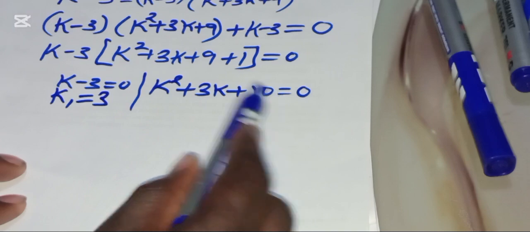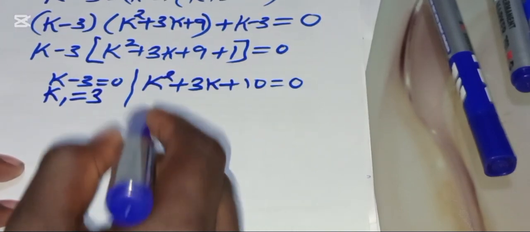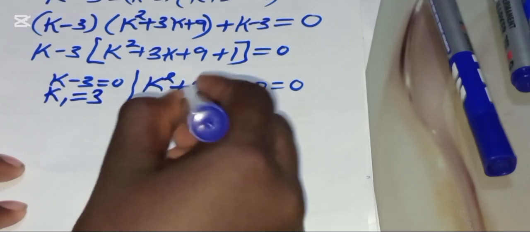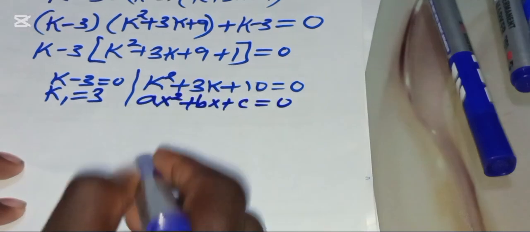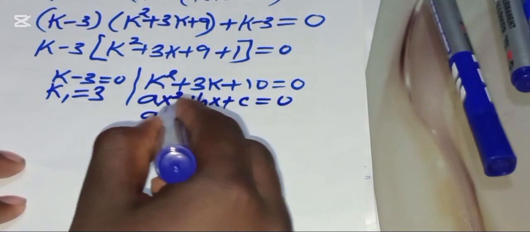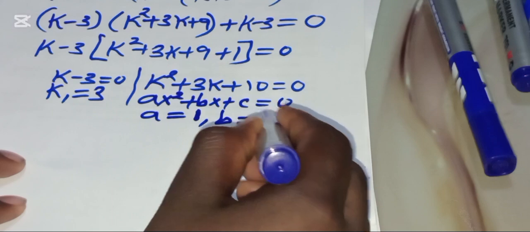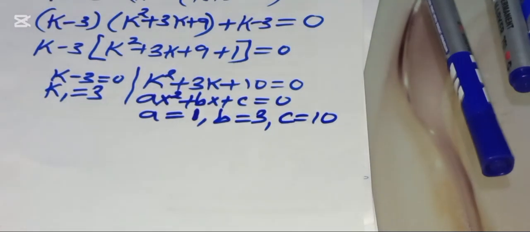The second part is a quadratic equation in the form ax squared plus bx plus c equal to 0, where a is equal to 1, b is equal to 3, and c is equal to 10, which is the constant.